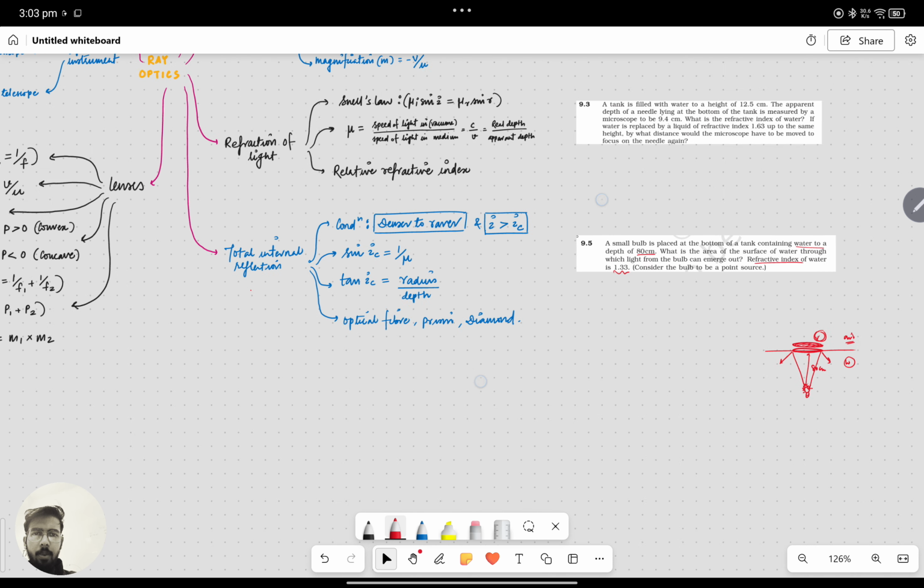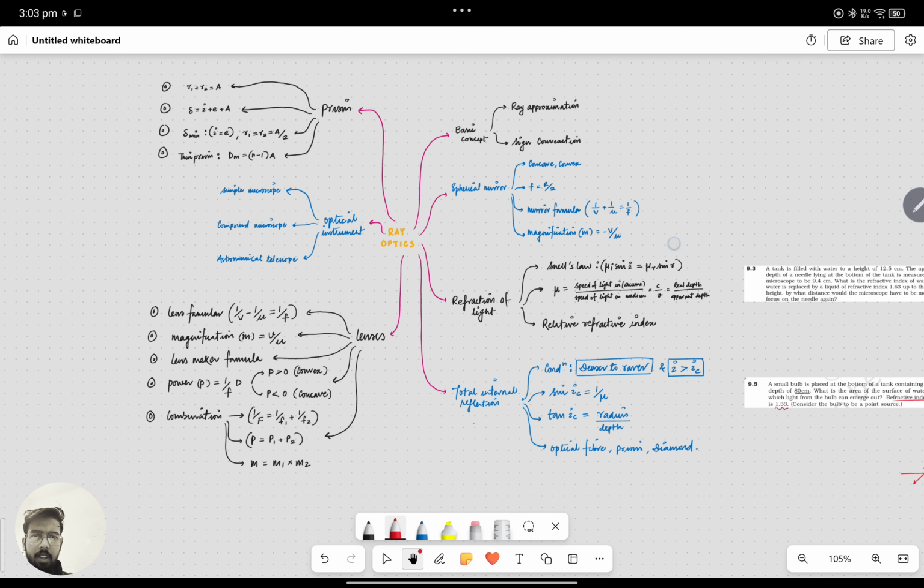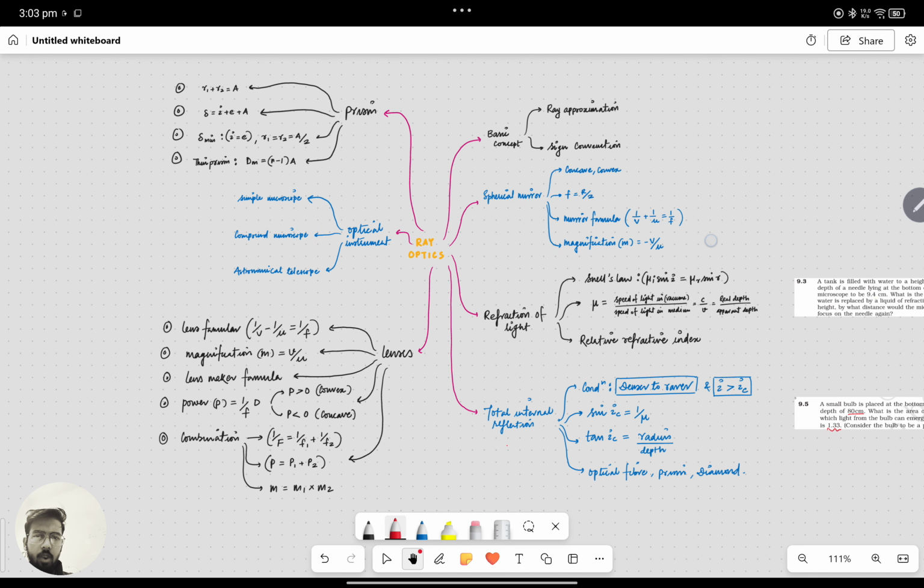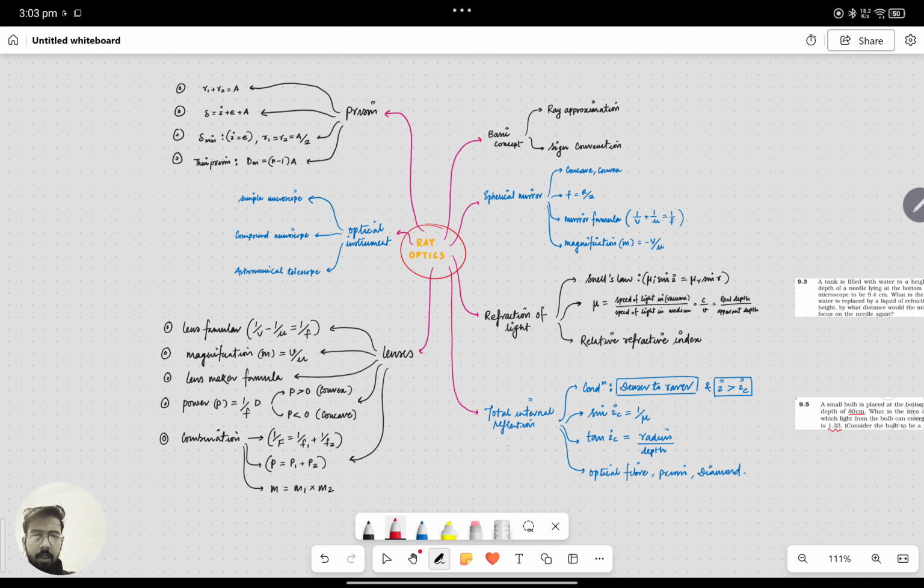So first of all, before we start, let's revise the optics that we usually do. In ray optics, this question is coming from total internal reflection, in which the condition is denser to rarer. The ray must be going from denser to rarer medium, and I, the incident angle, must be greater than the critical angle.